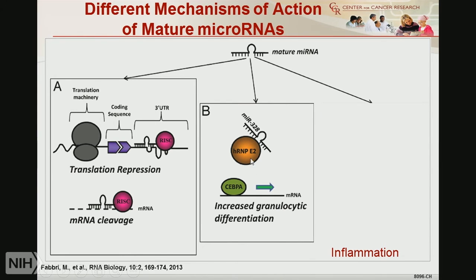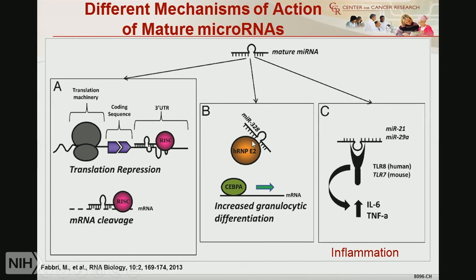But microRNAs can also bind to proteins, including RNA binding proteins, and affect their function. And lastly, they can act as ligands. So they can bind to toll receptors and activate IL-6, which you've already heard about, and TNF-alpha.